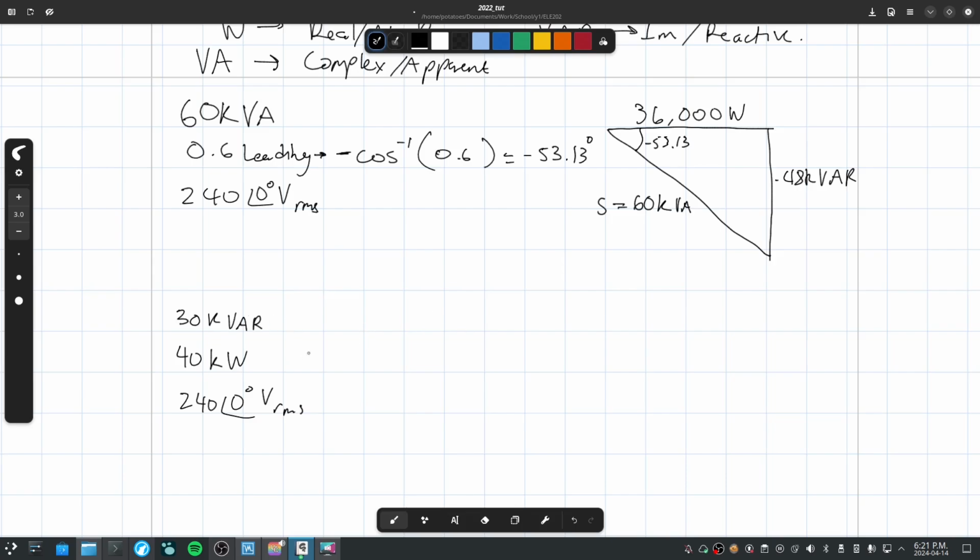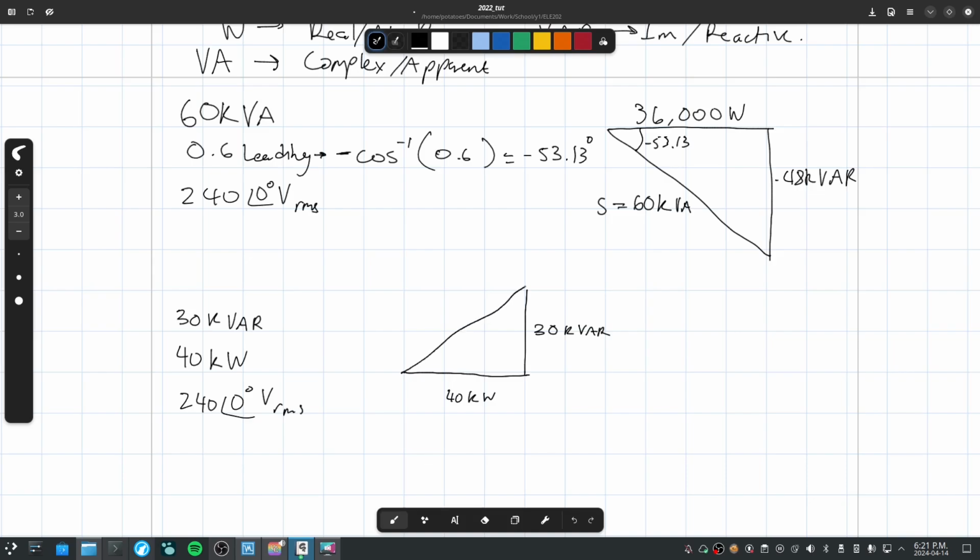So we can assemble our power triangle as always, right? We have a positive wattage and we have a positive reactance. Remember, this is reactance, or the imaginary component. So this is 30,000 VAR. This here is 40,000 watts.